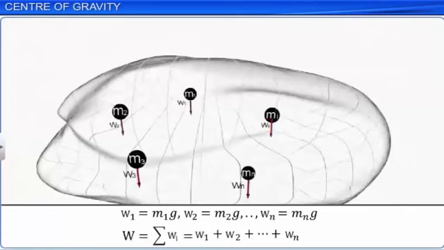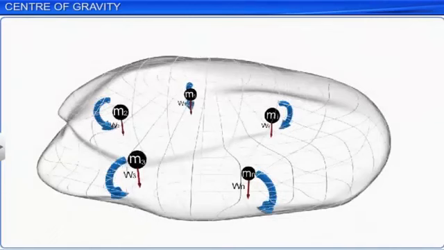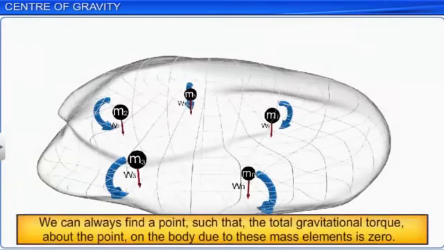The weights of these mass elements produce gravitational torque on the body. We can always find a point such that the total gravitational torque about the point on the body due to these mass elements is 0.